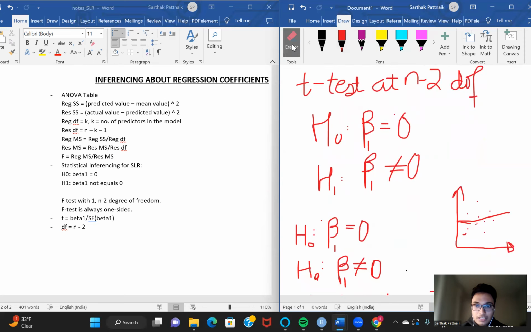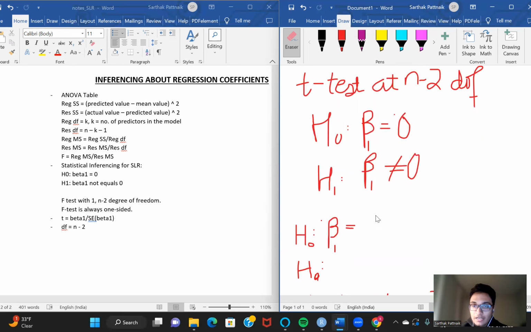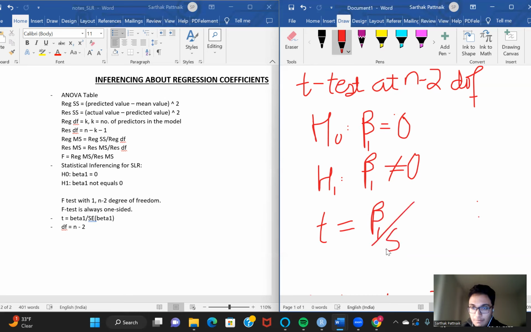So for this particular scenario, what will be the value of our test statistic? The value of our test statistic, or t, will be equal to beta 1 estimate divided by standard error of beta 1.